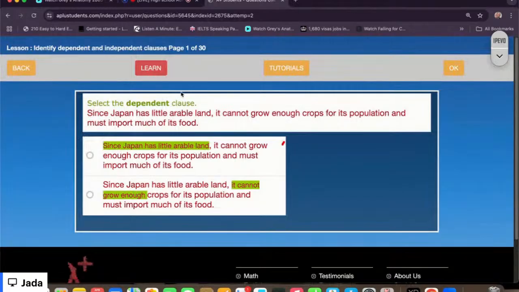All right, so it's asking for the dependent clause. Since Japan has little arable land, it cannot grow enough crops for its population and must import much of its food. So where's the beginning of the dependent clause?